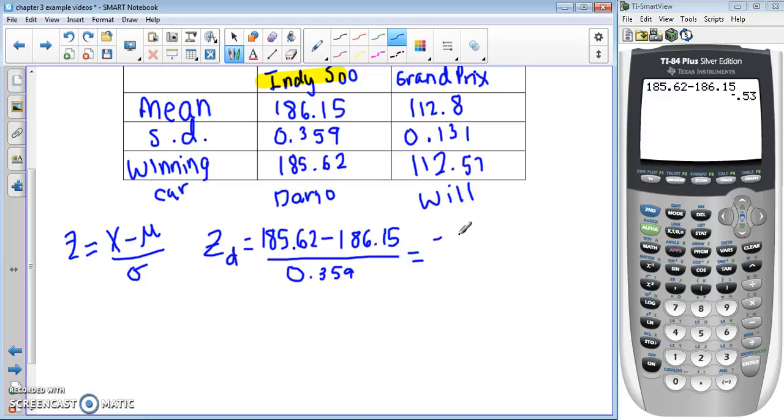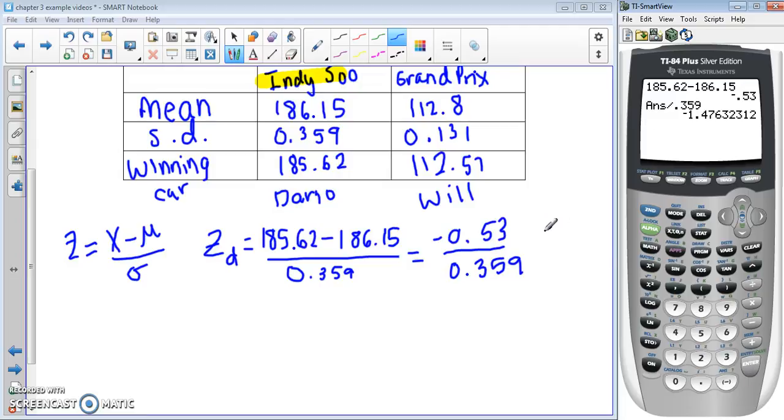That's negative because you finished before the mean time, right? And then we're going to just divide that by 0.359. And then let's round that to 2 places. We usually round z-scores to 2 decimal places, and you'll see why later on in this course.